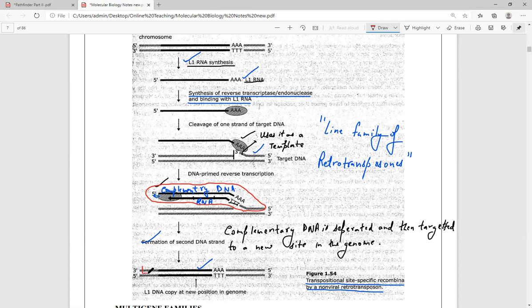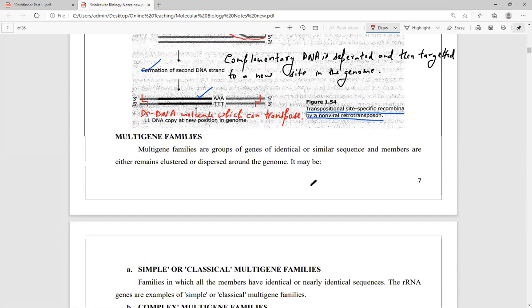This forms a double-stranded DNA molecule, which is ready for transposition. The dsDNA molecule is now ready for transposition, which can transpose. It can move from one location to the other.